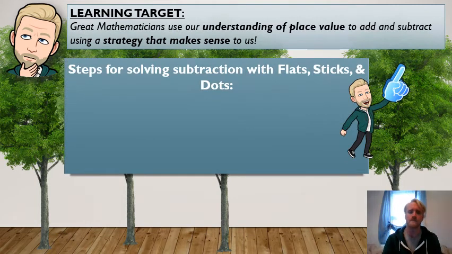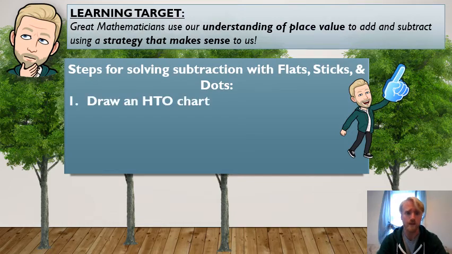What were the steps that we used to solve subtraction with flat sticks and dots? Give you some time to recount and tell me what were those steps. Right, so the first step was to make an HTO chart, have a place to organize our pictures. Second step?